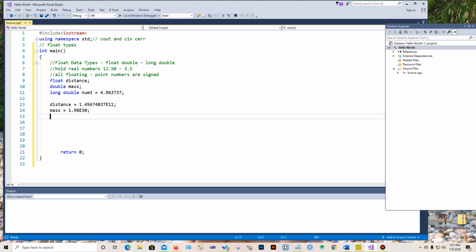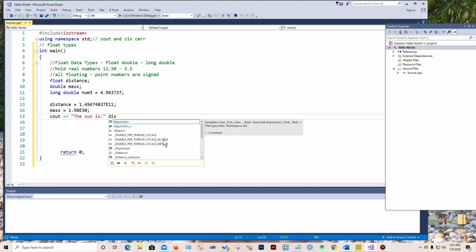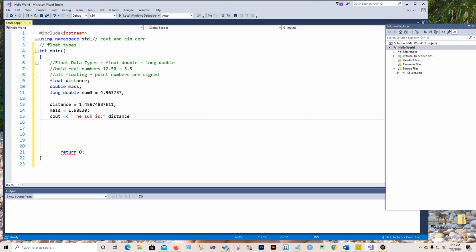So I'm going to output this information. First, I'm going to output "the sun is," and then call the variable, which is distance. I can see it is giving me the hint. I'm going to output everything on the next line.